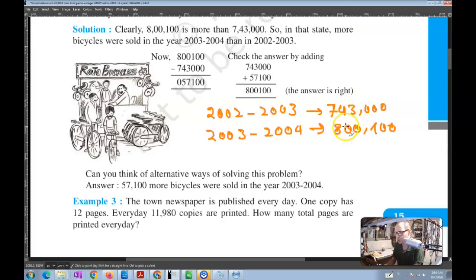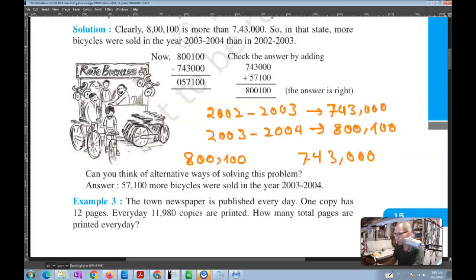In order to compare the numbers, you just have to compare them. I write 800,100 and 743,000, and you see that both numbers have 6 digits.